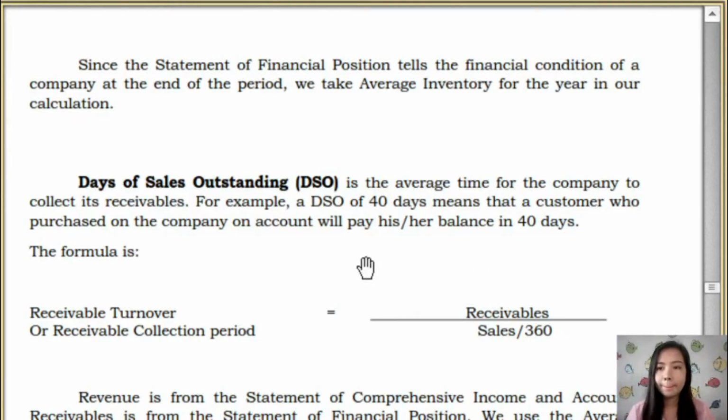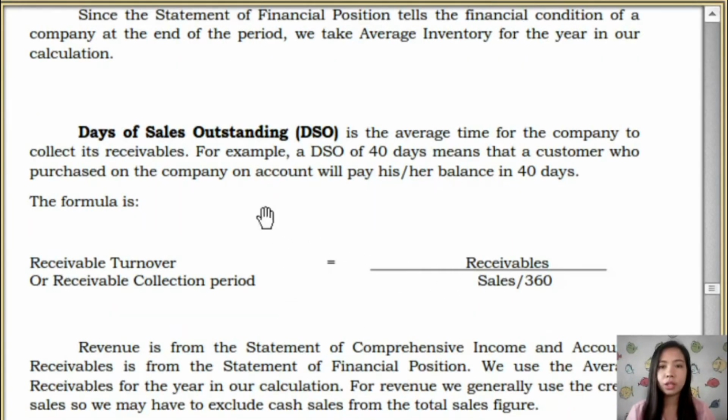So, ito naman, days of sales outstanding. Average time of a company to collect its receivables. So, DSO siya. For example, a DSO of 40 days means that a customer who purchases from a company on account, so if inutang muna niya, will pay his or her balance in 40 days.